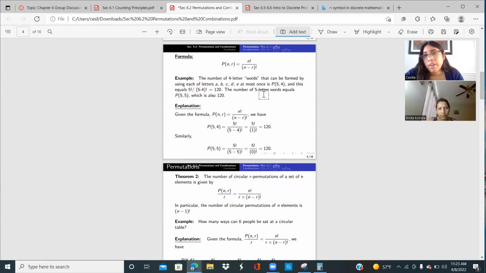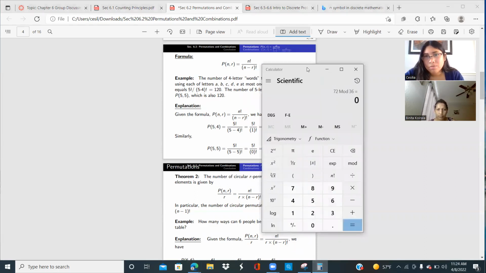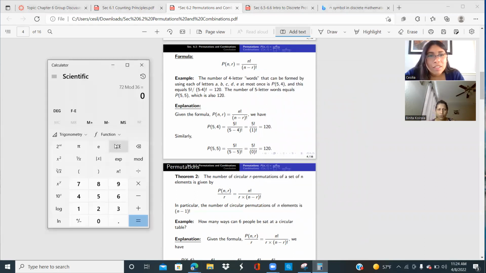The number of 5-letter words equals P(5, 5), which is also 120. An explanation of this is that you use the same formula as before, and you're going to use 5! over 1!, which is 120. So that being said, 5 times 4 times 3 times 2 times 1.